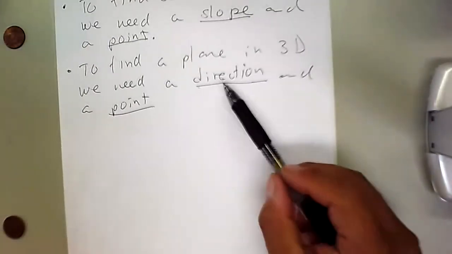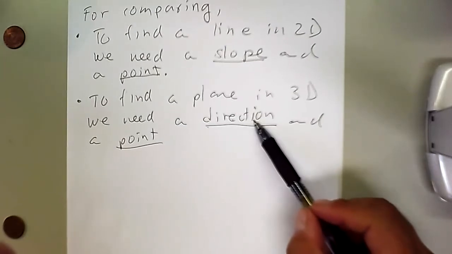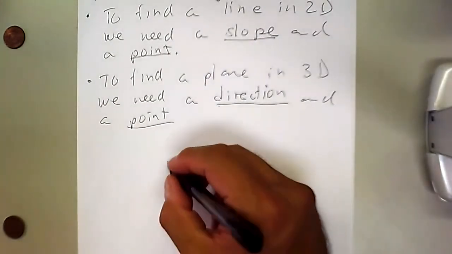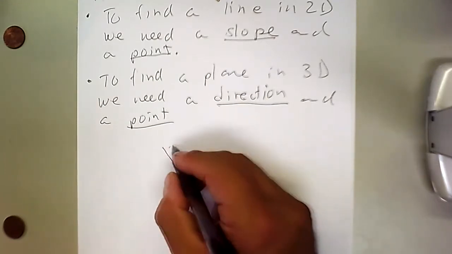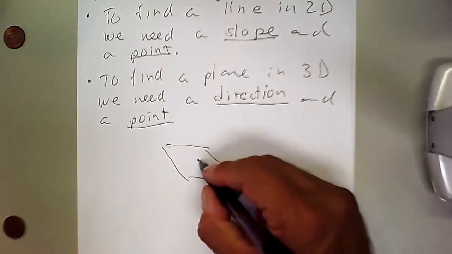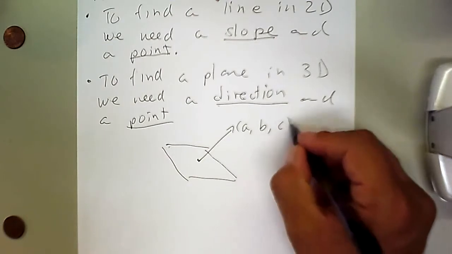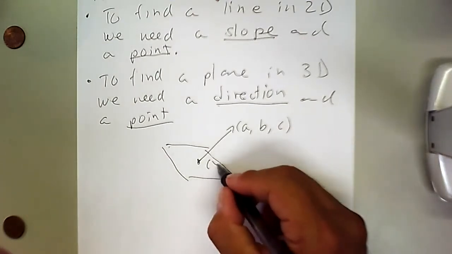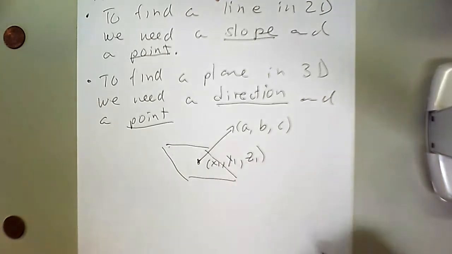So we need a direction. The direction of what? We need the direction of the normal plane. So if you have a plane with a normal direction, let's call the direction A, B, C, and the point here, x1, y1, z1.